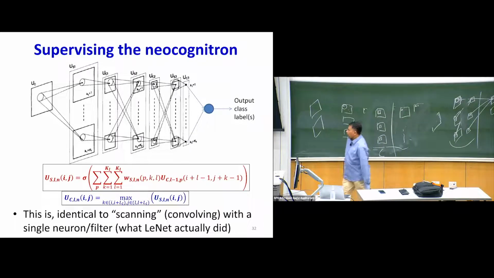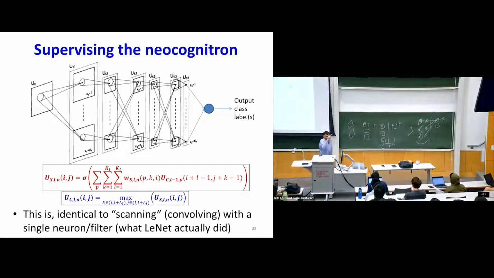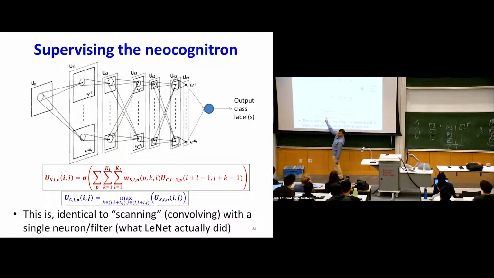So you have the product of the C cell pixel value and the corresponding weight over the entire rectangle. That's being summed up. So this is summing along the x-axis and the y-axis, and then you sum across all of the planes. And that's going to give you this affine value. And then you will have, of course, an additional bias that's not shown over here. And that's going to give you the affine value at this one position, which would then be put through the activation shown by sigma to give you the response at that position. So that's how the S cells respond.